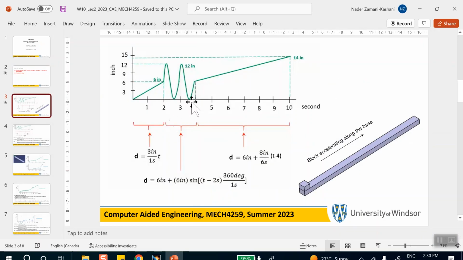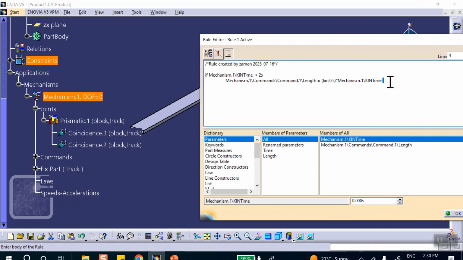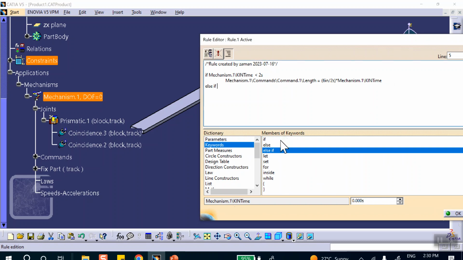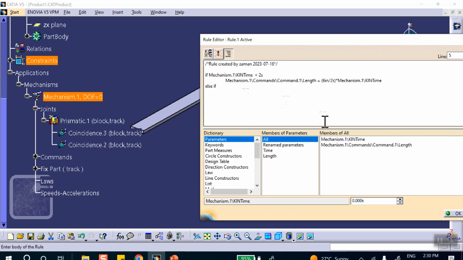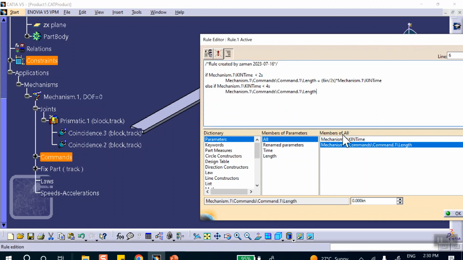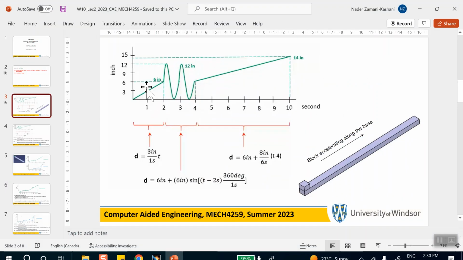Okay. And then the other breakpoint is the breakpoint 4. Else, if time is less than 4 seconds, so else if, if you don't remember, keyword else if, back to parameter, time. I put the cursor there, left click twice. Okay, fast. Minus, if time is less than 4 seconds, the length is equal to, now you got to be careful here because it starts at the height of 6.